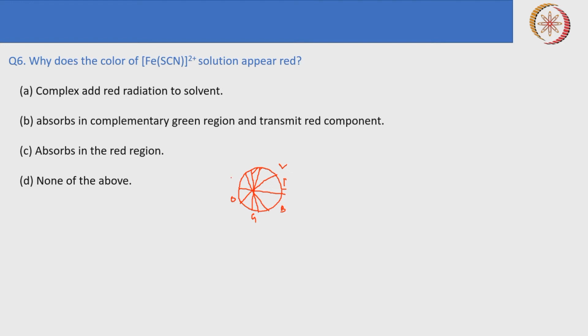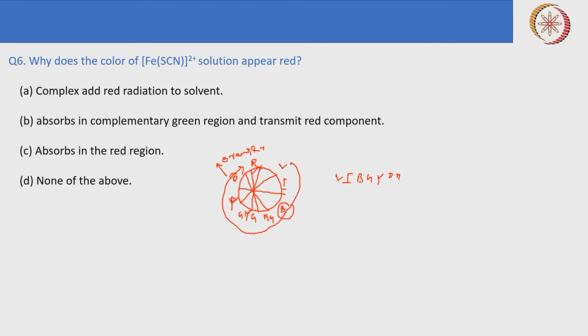VIBGY, I forget the... VIBGYOR. Oh, yeah. So this is bluish green. Okay. So this is the color circle. So whatever it is, if it absorbs the blue color, then its complementary color is orange. So it will show the orange color.